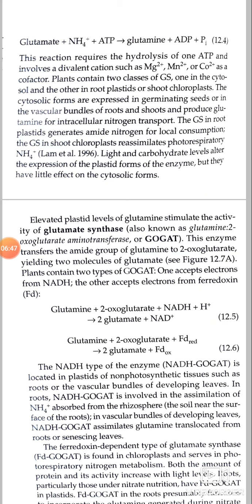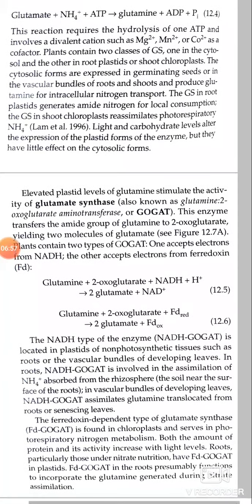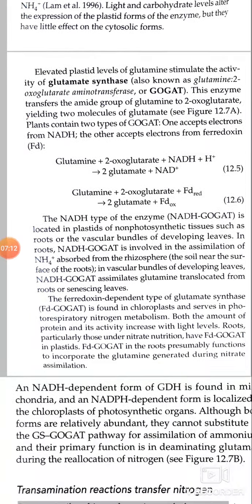Roots, particularly those under nitrate nutrition, have ferredoxin GOGAT in plants. Ferredoxin GOGAT in the roots presumably functions to incorporate the glutamine generated during nitrate assimilation.